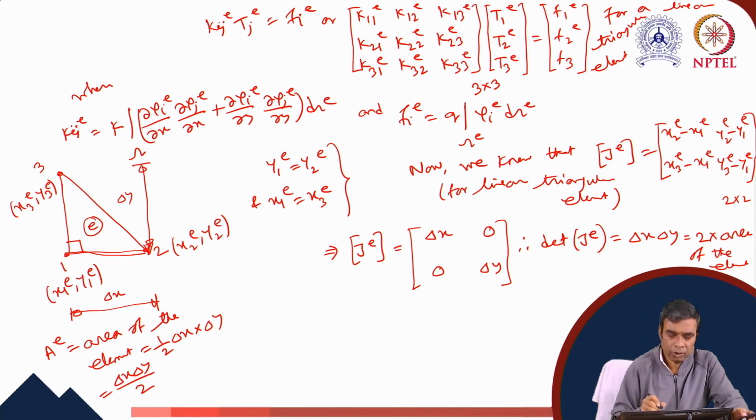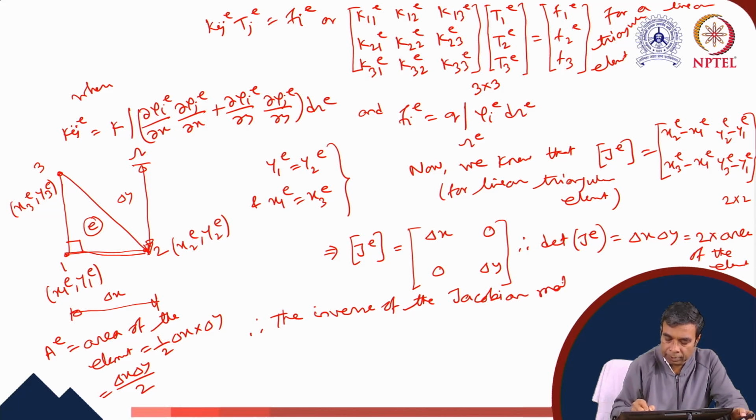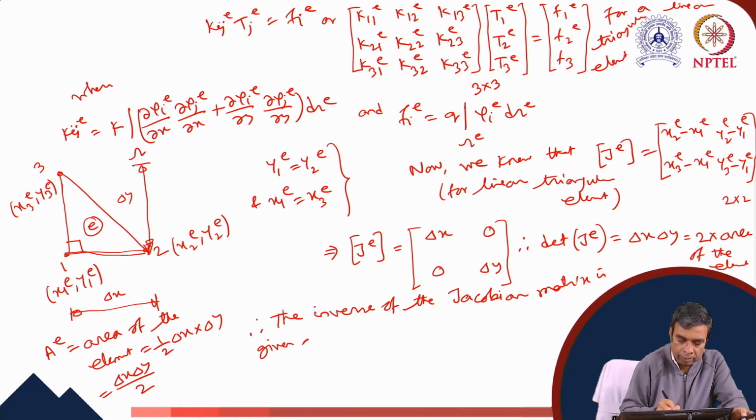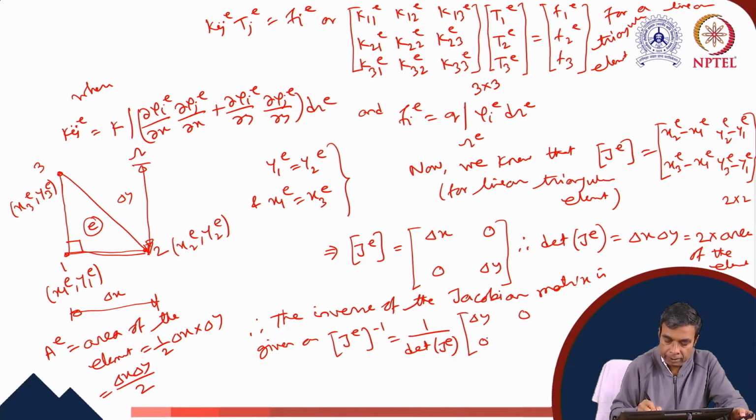So the inverse of this matrix is obtained as follows. Therefore the inverse of the Jacobian matrix is given as Je inverse equals 1 by determinant of Je into, here this is delta y, this is 0, this is 0, and this is delta x.